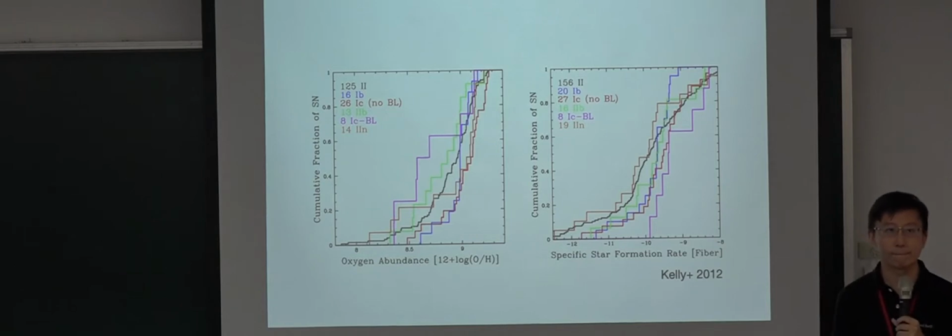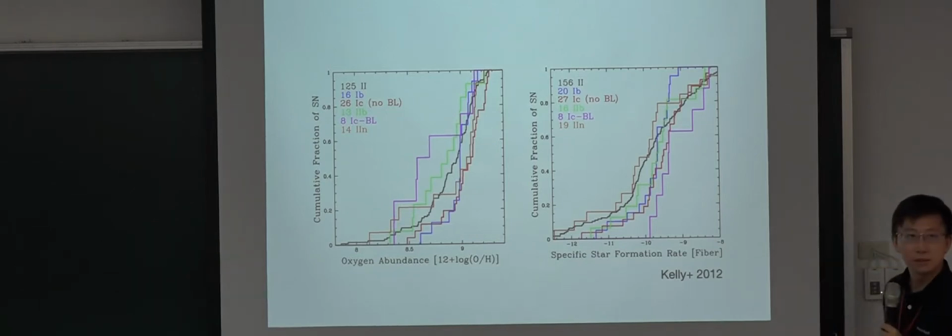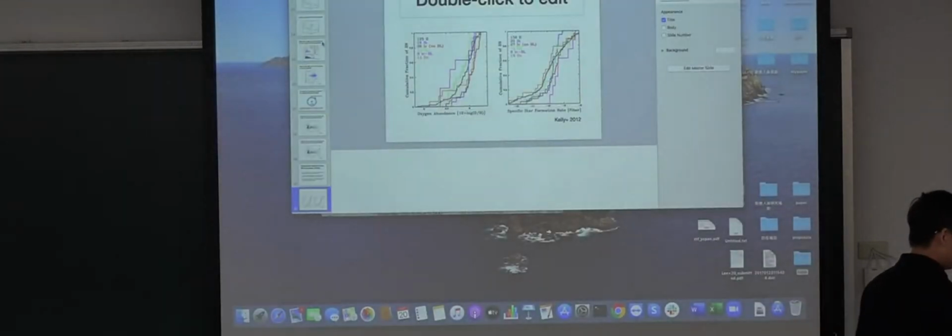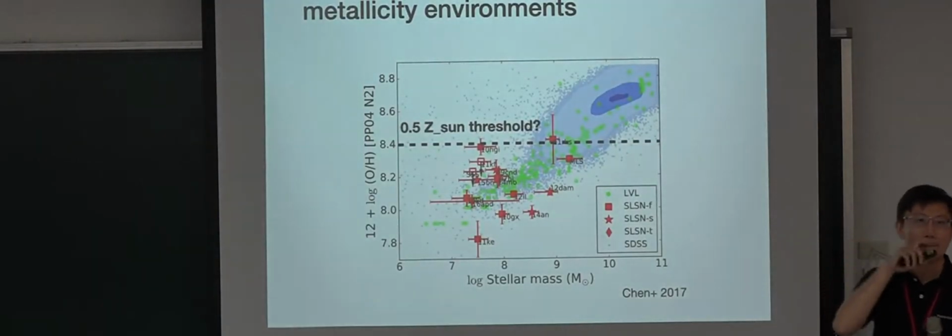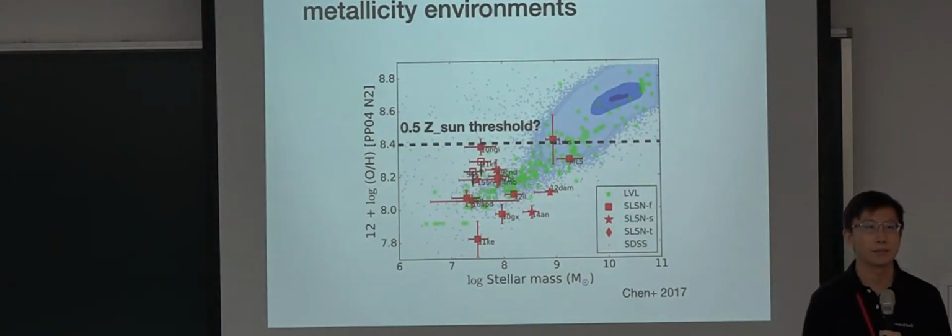Back to your previous plot, the velocity one, the one before that Andrew was asking about. I vaguely remember similar behavior for the GRB hosts.